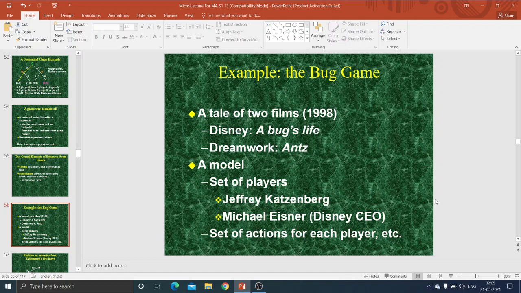Eisner is actually the Disney CEO, and there is a set of actions for each player. So you have K and you have E, Katzenberg and Eisner, the two players, and you have two movies: Disney's A Bug's Life and DreamWorks' Antz.